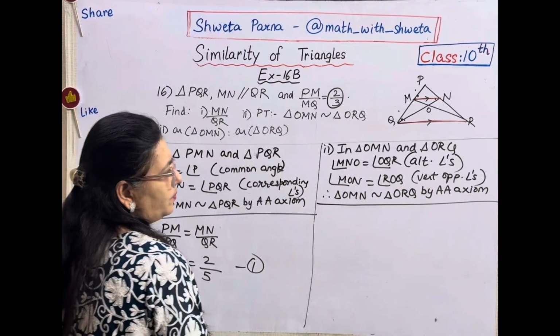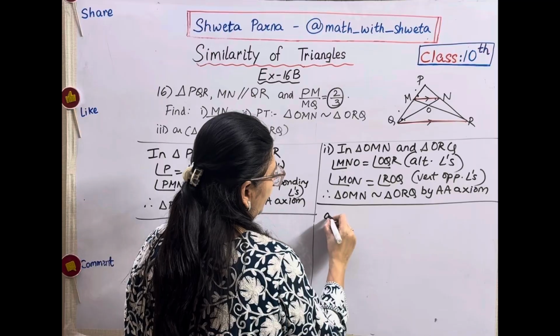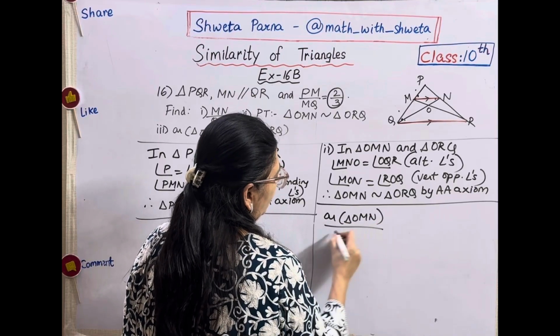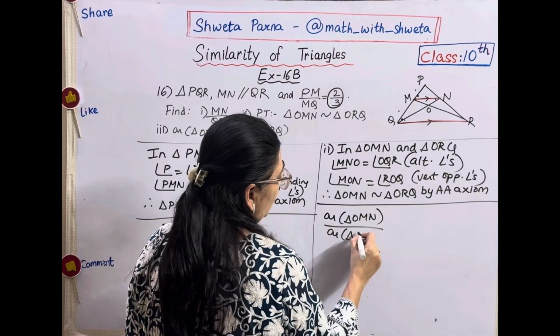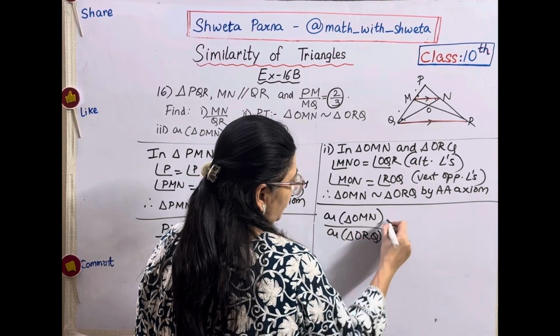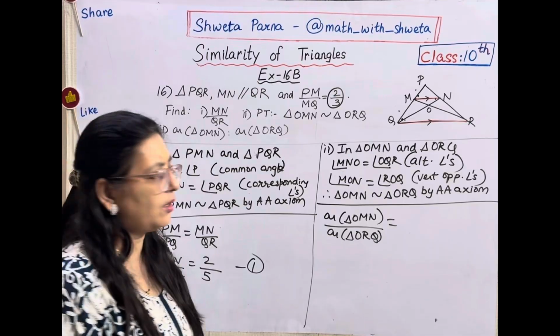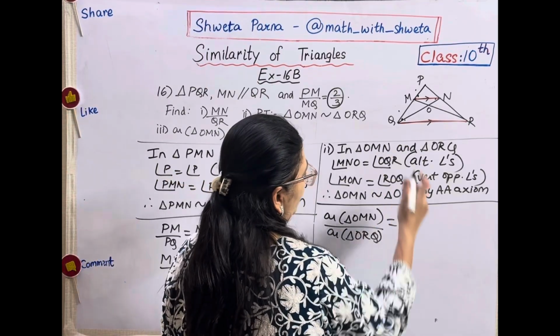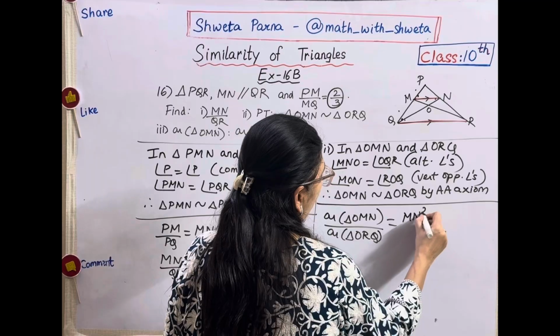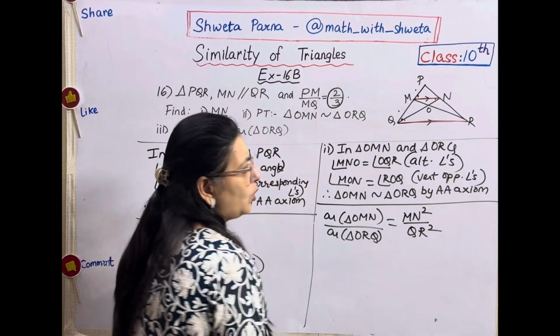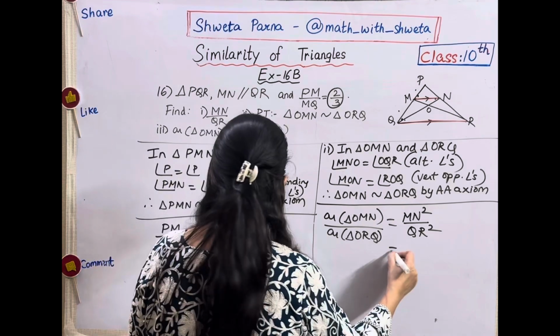Now what? Find the area. Okay, so the third part. Area of triangle OMN upon area of triangle ORQ. The areas of two similar triangles are in the ratio of the squares of their corresponding sides. So for OMN I can take MN square, upon ORQ I can take QR square, which is equal to, what is MN?